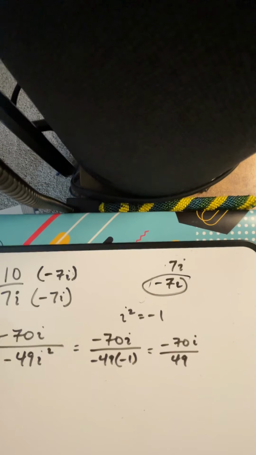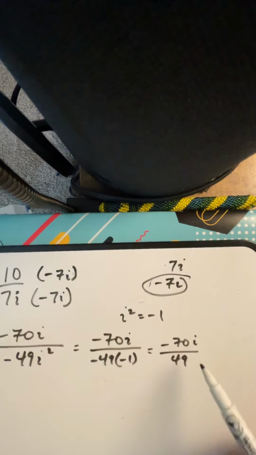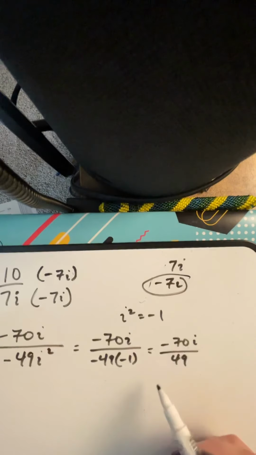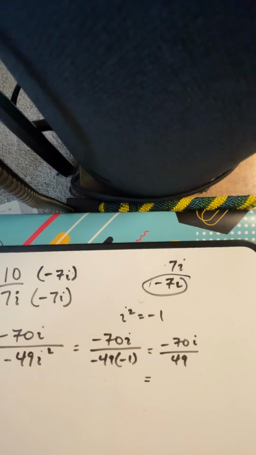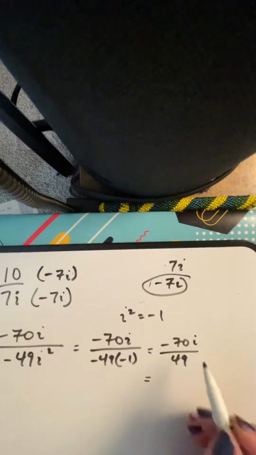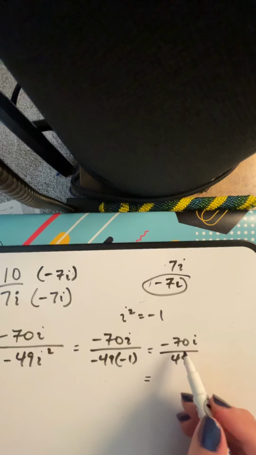Now we can divide both the numerator and the denominator by 7.